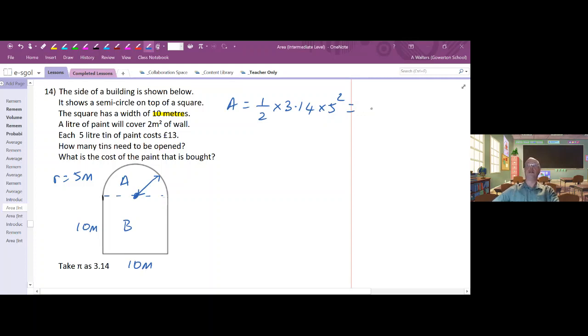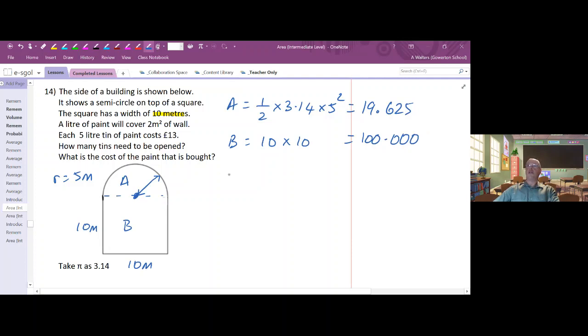Right, now I've gone ahead and typed this out, and I ended up with 19.625, and it's the wrong place to round it. I'm going to leave it like that. The area of B, it's a square, so it's an easy one. 10 times 10 is 100. I'll put a few notes there.